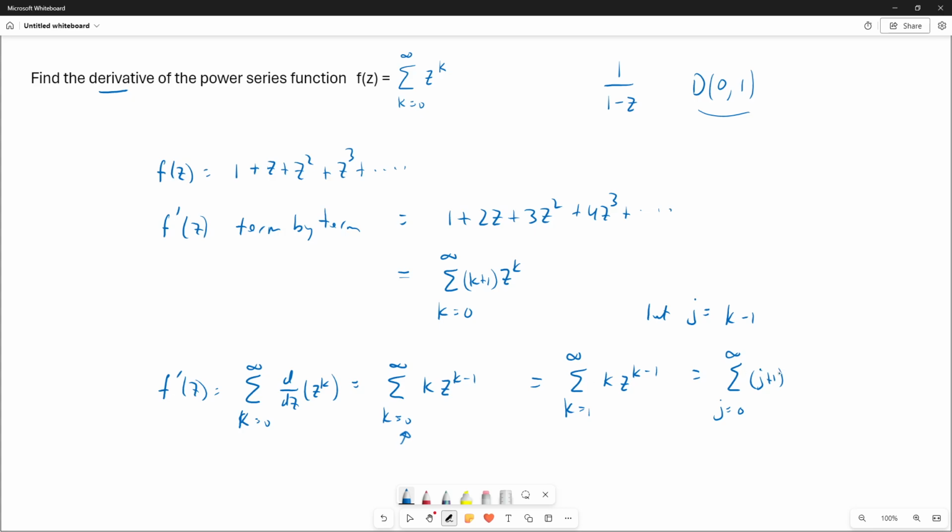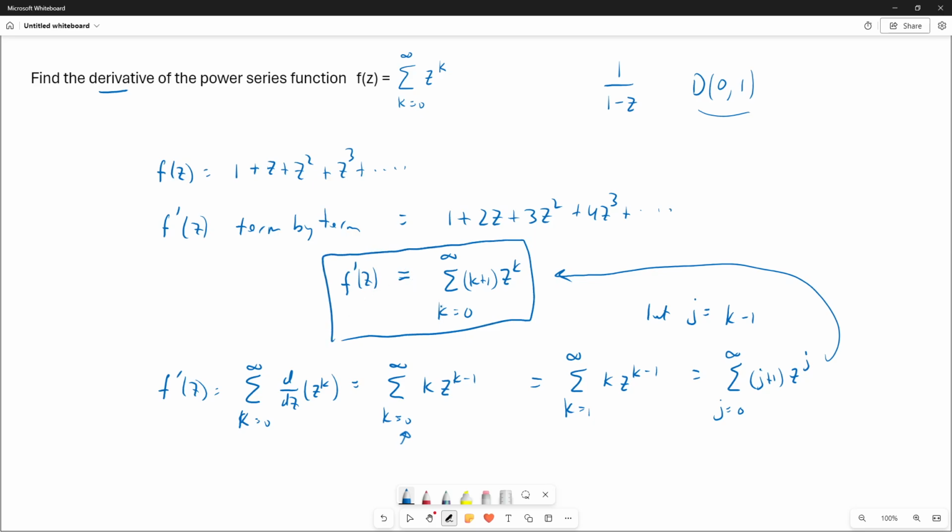And then z to the k minus 1 is z to the j. And then we could get this form by just changing the j back to the letter k. So this is the preferred form here for f prime, with the same index of summation as the original problem, k.